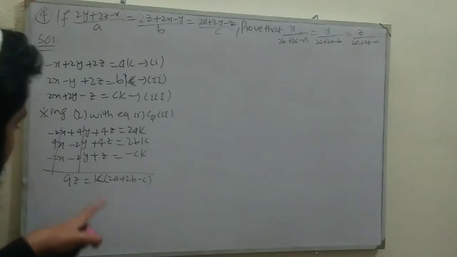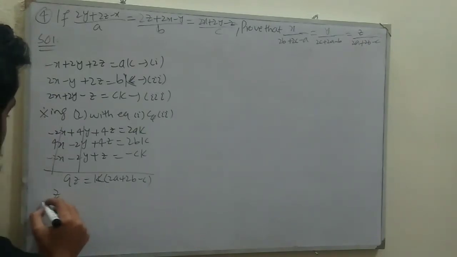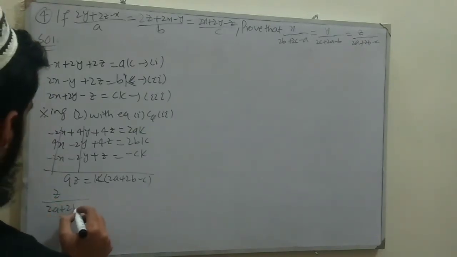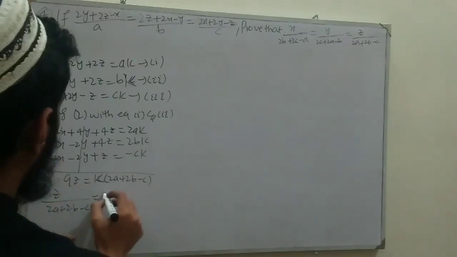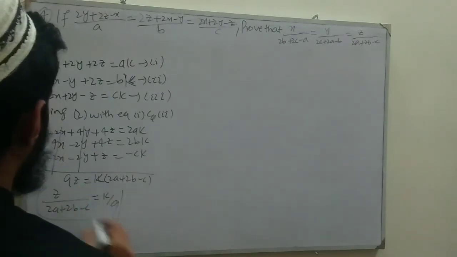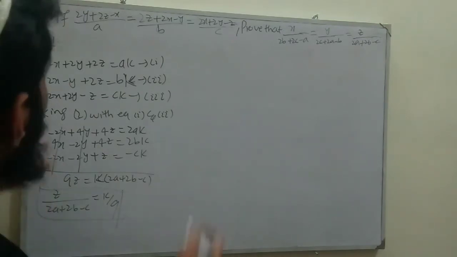So by rearranging this equation, it becomes z divided by 2a plus 2b minus c is equal to k divided by 9.